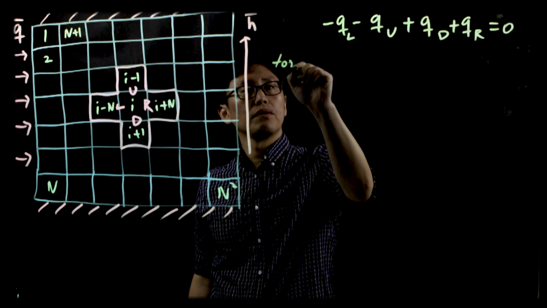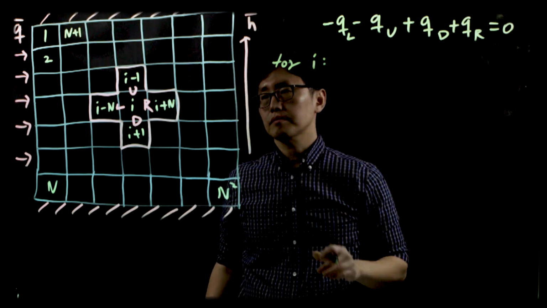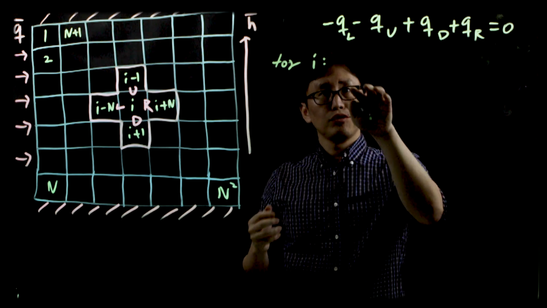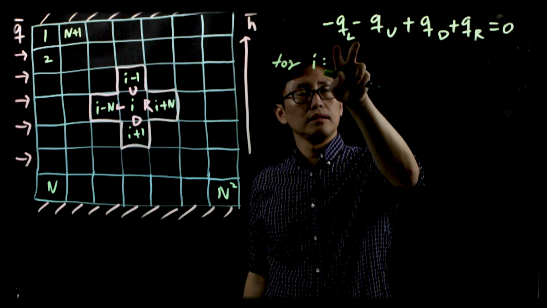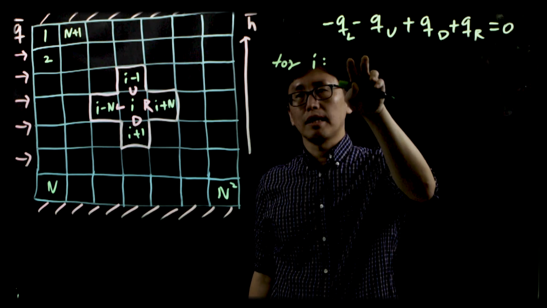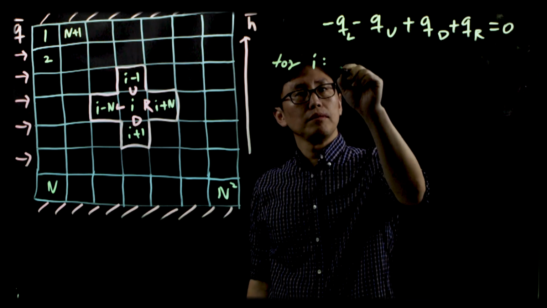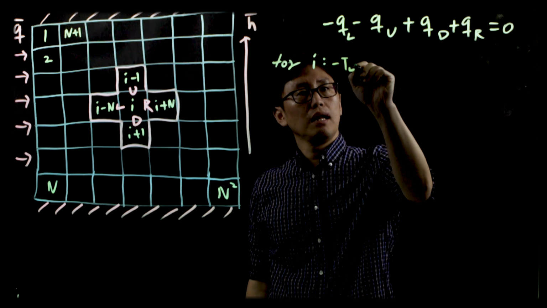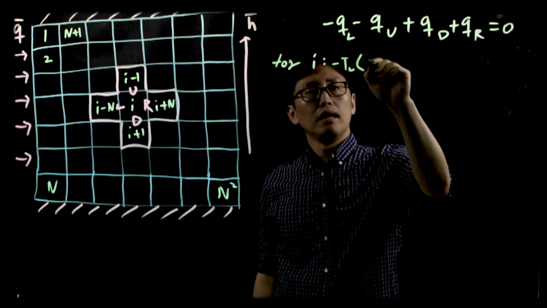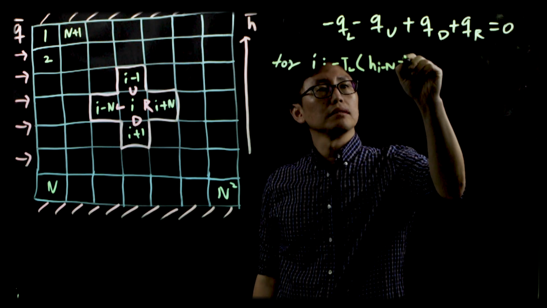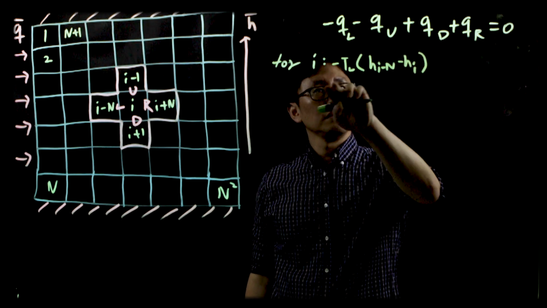So for cell I, we will have this equation, and we know how to express each Darcy flux at the interface using the transmissibility term. So this can be written as minus TL times (H_{I-N} minus H_I). This is QL.